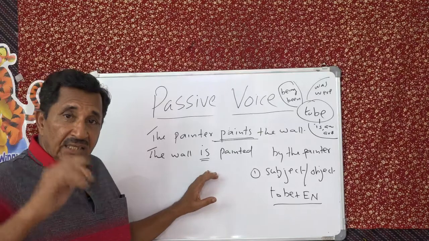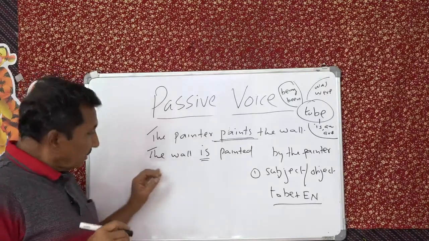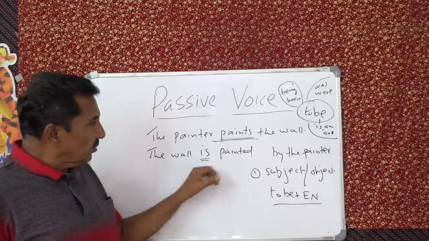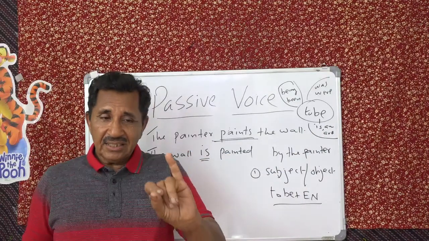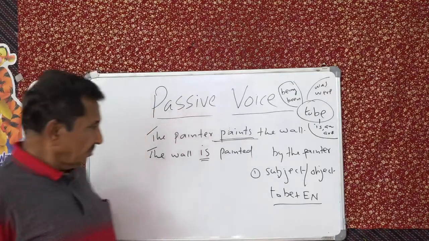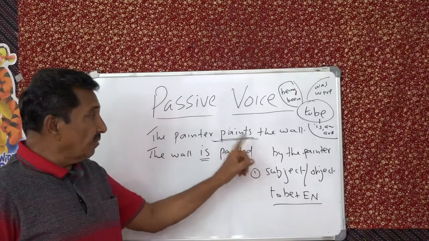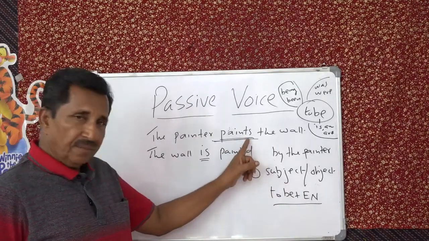Now, is, am or are depends on the subject. Subject is third person singular, so you have to use the third person singular form. Remember, I am, you are, he is, she is, it is. That's the third person. So you write is. Then en of the given verb. What is the given verb? Paint.